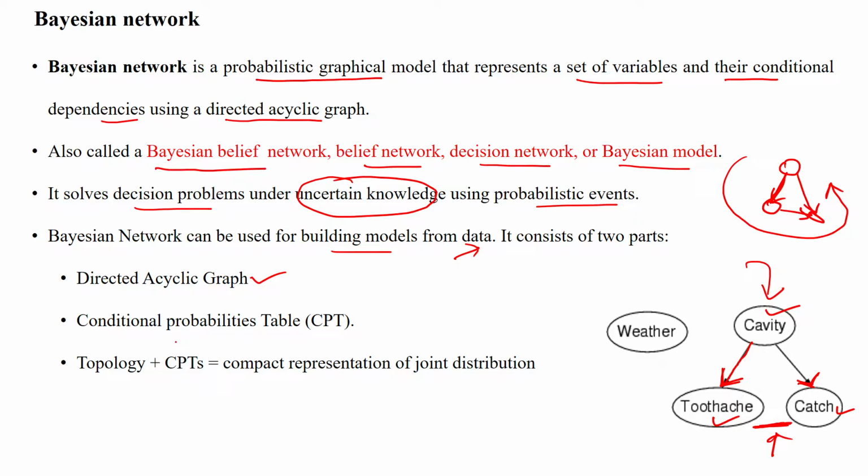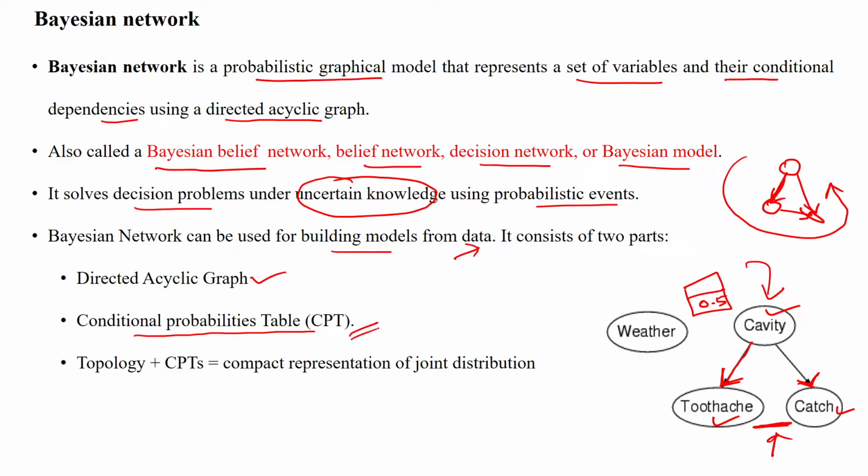Then there is one more component, the conditional probabilities table. Suppose you have values for these variables; those variables will have probability values, and these values are stored in a table.